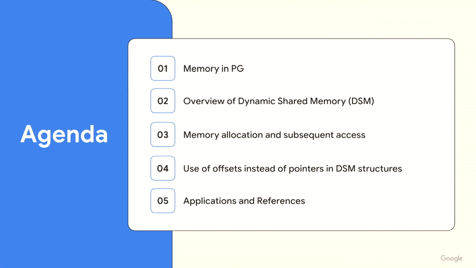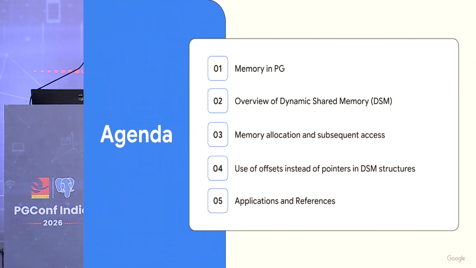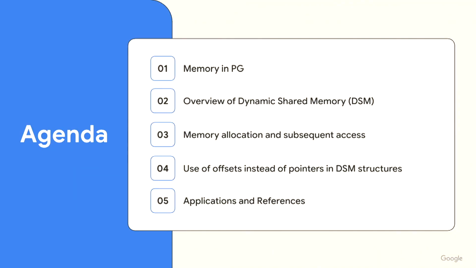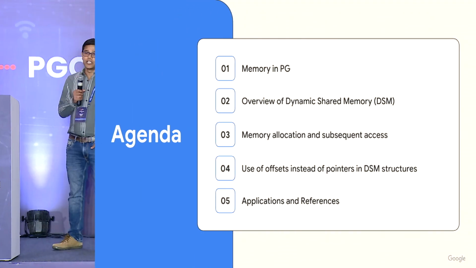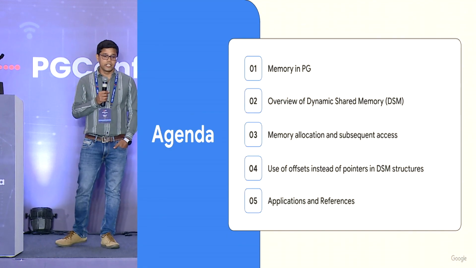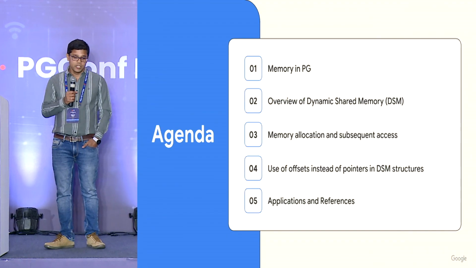So the agenda for today is, first, we are going to talk about the memory in PG, basically what are the kinds of memory potentially and most widely used in PostgreSQL. Then we'll see an overview of something called dynamic shared memory. We would have heard a lot about the shared memory, but we'll get into the detail of the dynamic shared memory today.